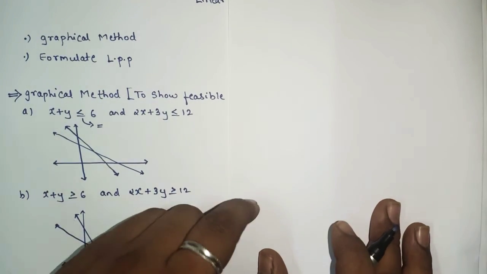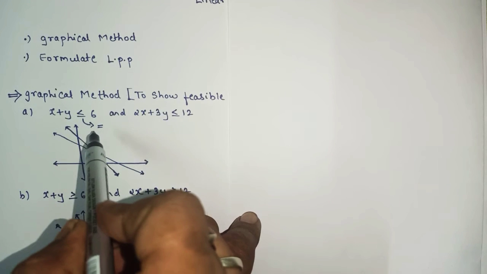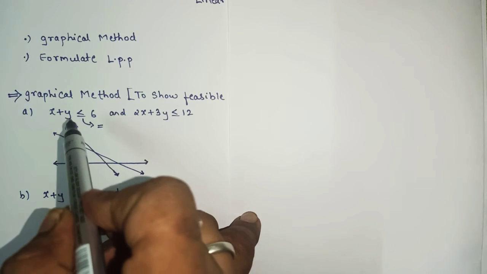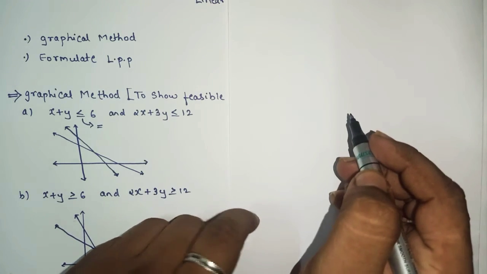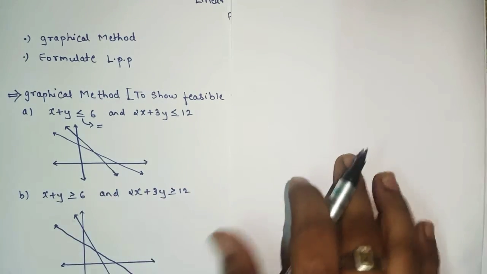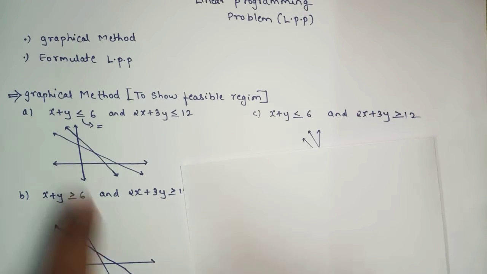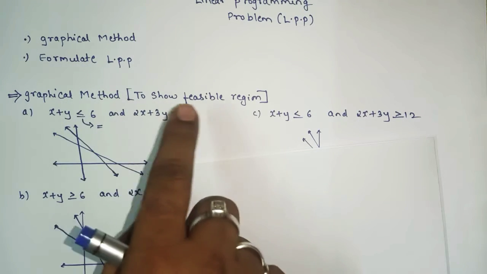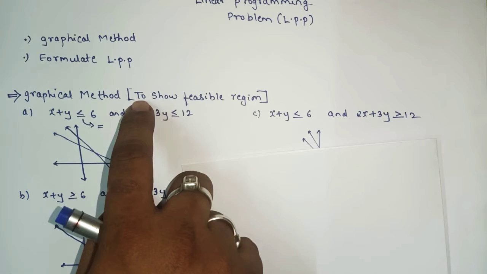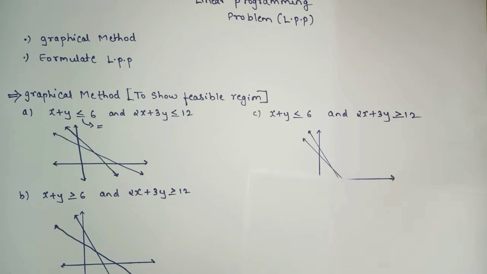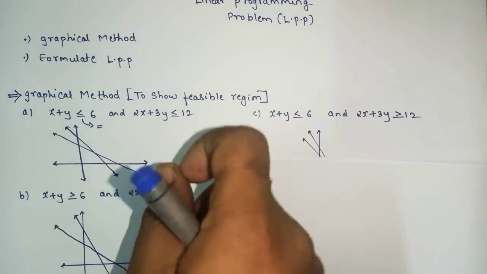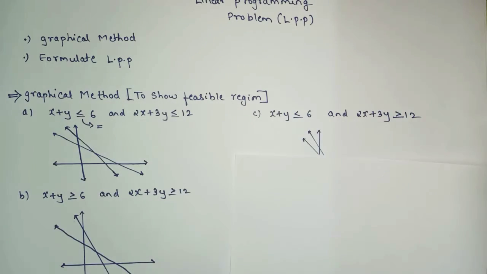Whenever the equal to symbol is replaced by less than equal to or greater than equal to, it means it is a linear inequation. Now, the graphical method is based on showing the feasible region.